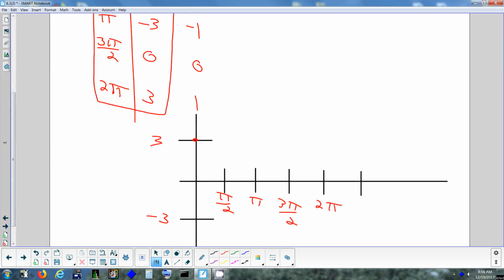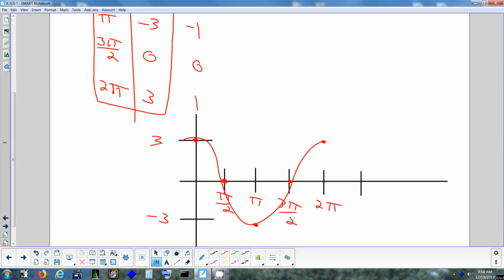So 0, 3, 0, negative 3, 0, back to 3. Questions on the graph? Just try to make it look curved again. It shouldn't have points on it. Don't make it like a V.